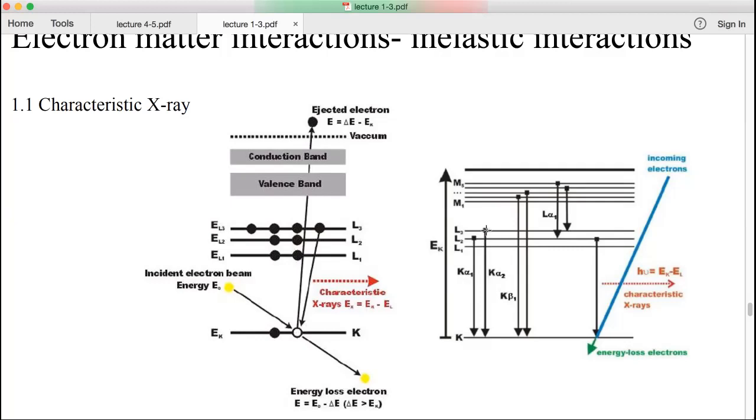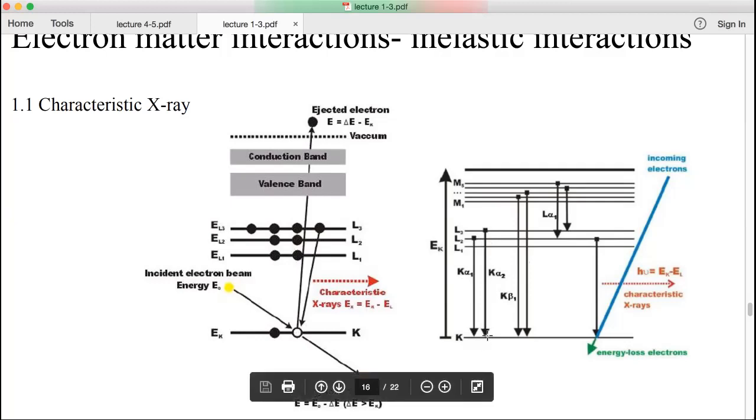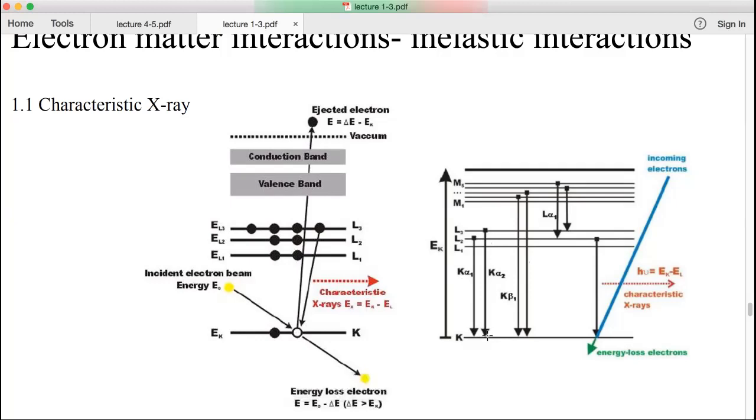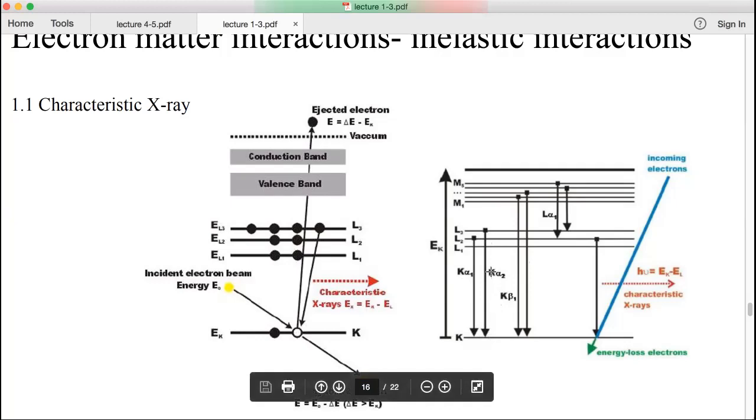If the electron is jumping from this state to here, then the corresponding energy difference between these energy, not bands, it's energy levels, that will give out a K alpha 2.